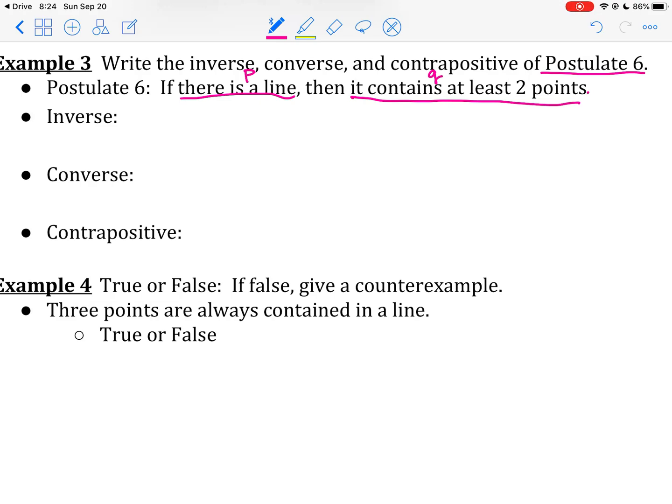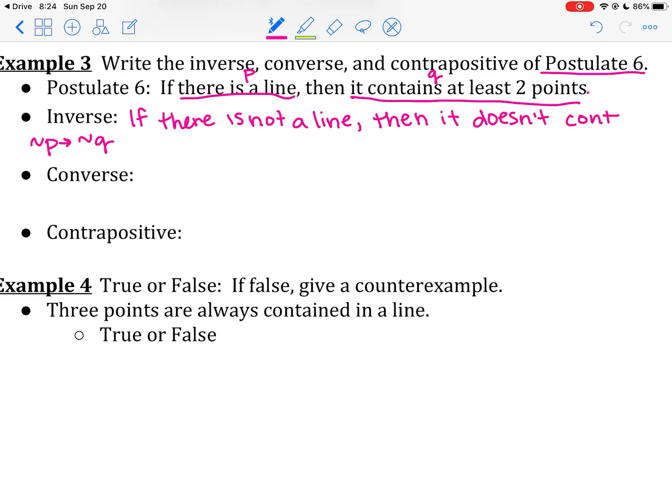So the inverse is where we negate both. So not P, then not Q. All right, so if I'm taking the opposite meaning, so if there is not a line, then it doesn't contain at least 2 points.